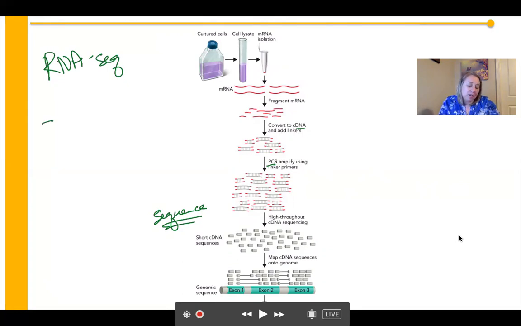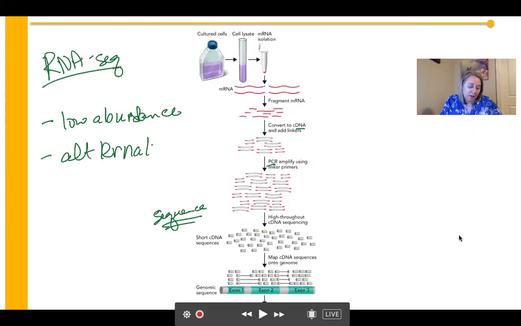Also with RNA sequencing, you can have a low abundance of something, like 5 copies of a transcript, and you'll still see it, but you might not see it with the chip. You can also see alternatively spliced transcripts, right?